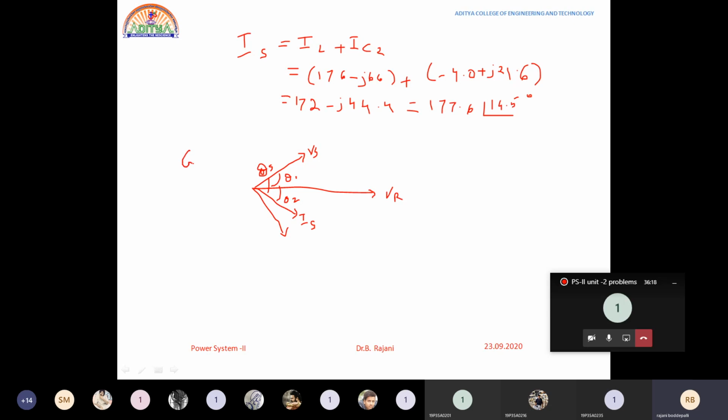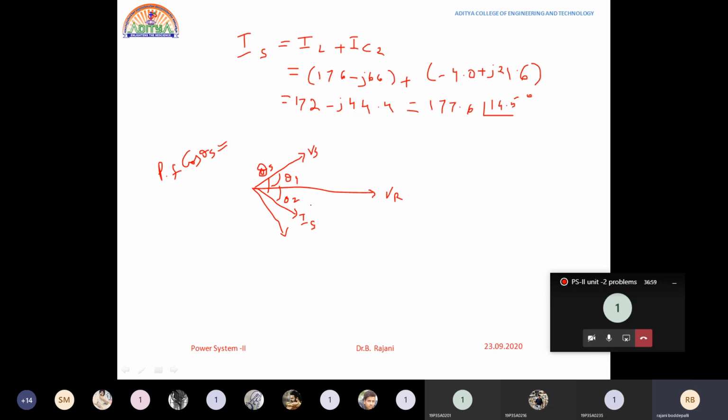Cos of theta S, we'll be getting the sending end power factor. He asked you to find the power factor at the sending end side, so we need to know the angle between the sending end voltage and the sending end current. If we know these two angles, then we'll be able to find the cos phi. Theta 1 is the angle between VR and VS, and theta 2 is the angle between VR and IS.